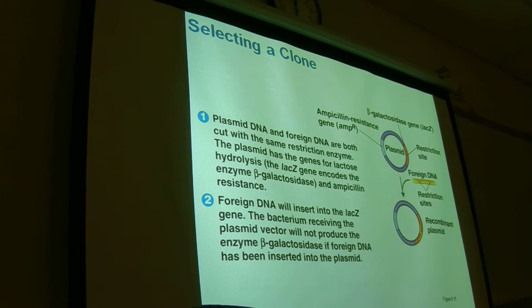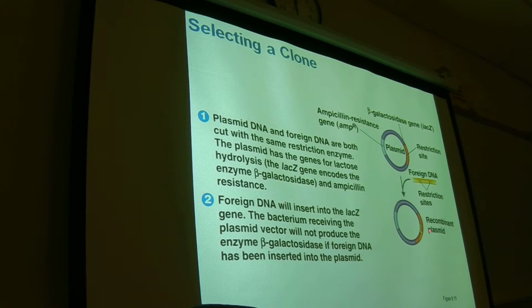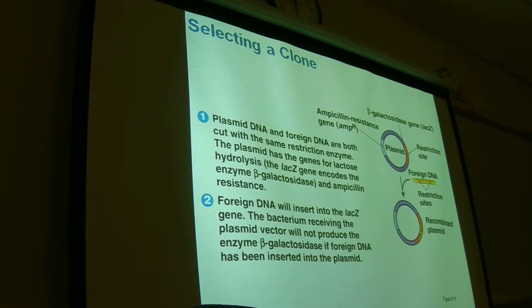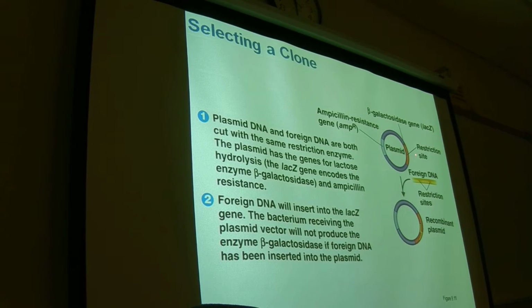In this case, it's a LacZ gene. The plasmids that got your gene of interest pasted in basically interrupt this reporter gene. So this LacZ gene, this red, gets interrupted by your gene. And so there's not a functional LacZ gene in that plasmid. Here there's a functional LacZ gene because there's nothing interrupting it. Here your gene gets in the way, so there's no functional LacZ gene.